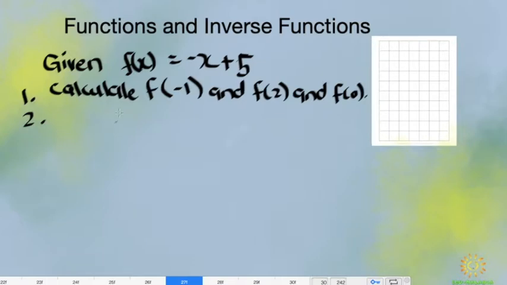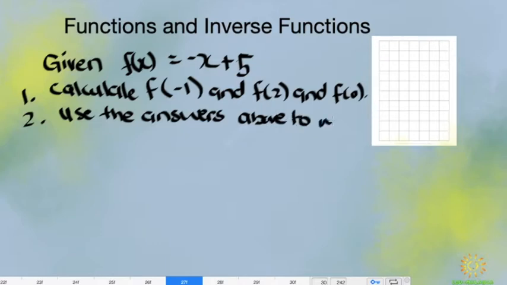Elements are numbers in a set. So use the answers above to write down 3, so not 5, not 4. So 1, 2, 3, we can already see where this is coming from.